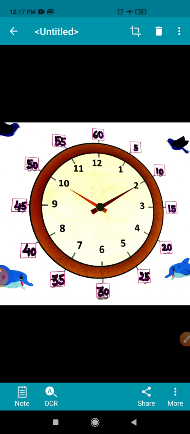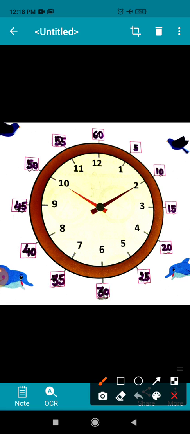When it reaches 3, it will be considered as 15 minutes. 4 is 20 minutes, 5 is 25 minutes, 6 is 30 minutes, 7 is 35 minutes, 8 is 40 minutes, 9 is 45 minutes, 10 is 50 minutes, 11 is 55 minutes, and 12 is 60 minutes. So it completes one round in 60 minutes.